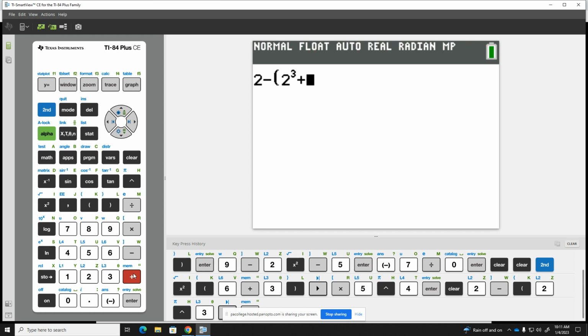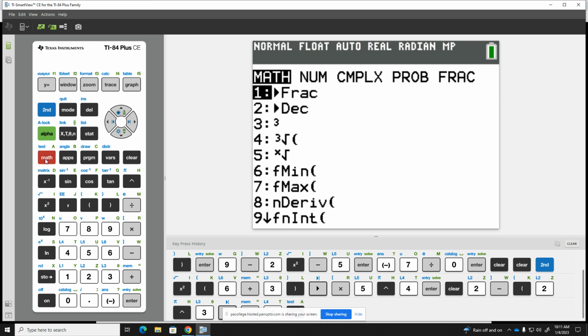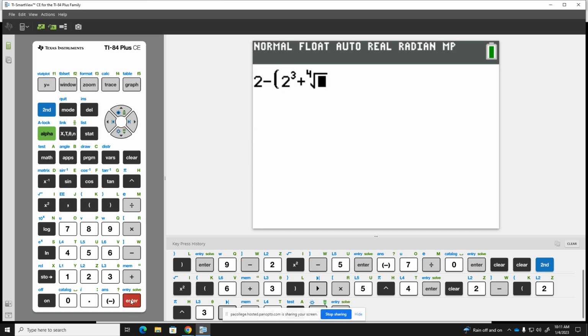So in order to get a 4th root, I have to start by typing that 4 for the index. So I do the 4. And then on your calculator, you're going to type 2nd and the up arrow key. On this calculator, it is different. So I'm going to go get my symbol, but you don't need to pay attention to my symbol because you already are typing your symbol on your calculator, which is going to be the 2nd and the up arrow for you.